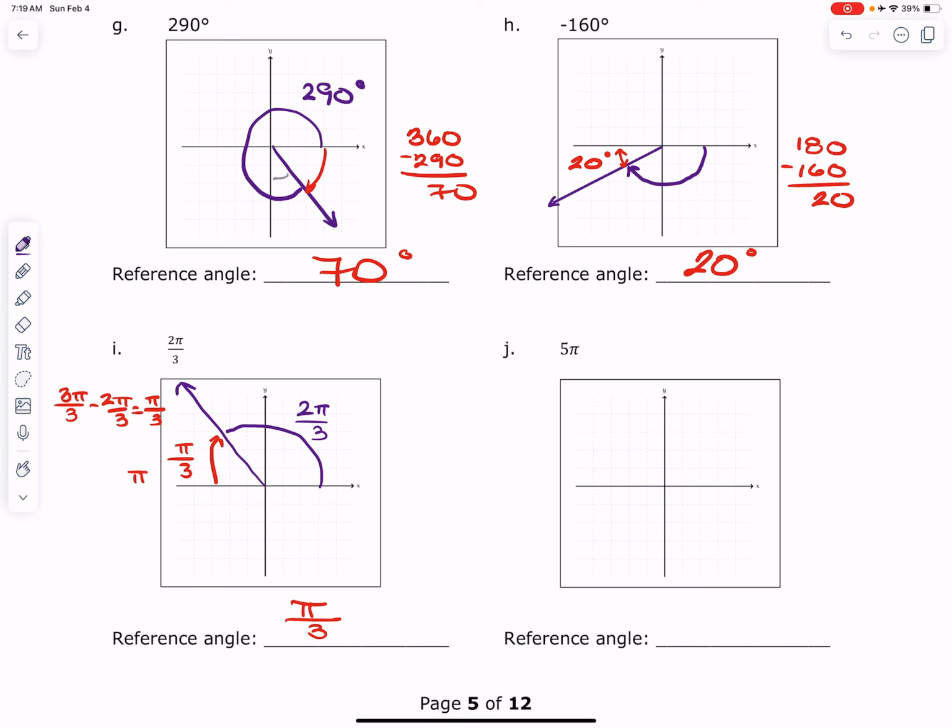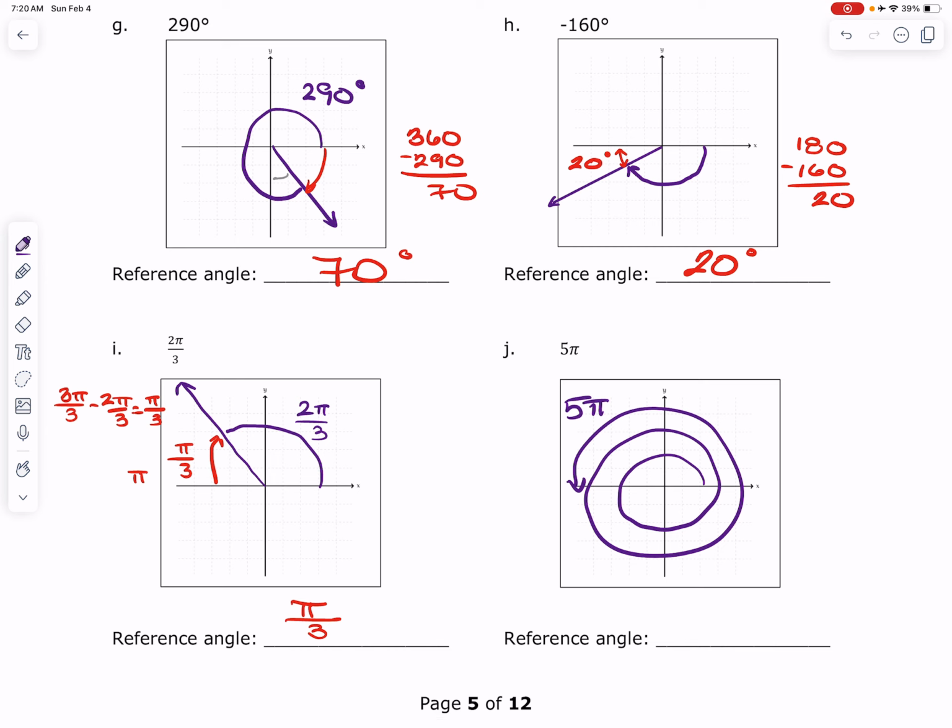And our last one here, let's see, not a straight line. 1 pi, 2 pi, 3 pi, 4 pi, 5 pi. Remember that our reference angle has to be acute, so it has to be between 0 and 90.